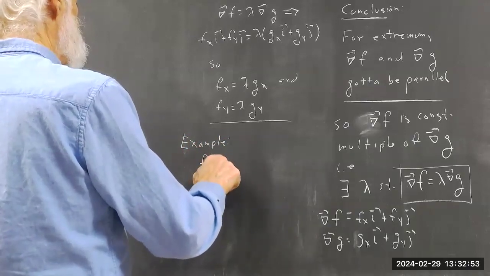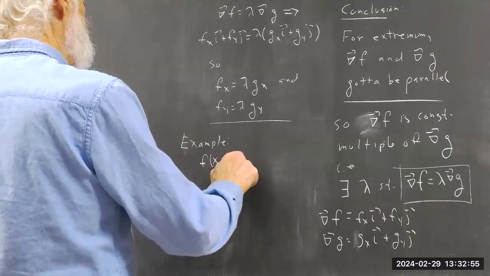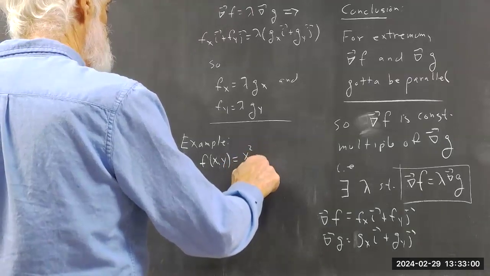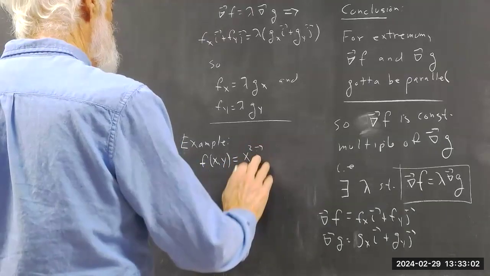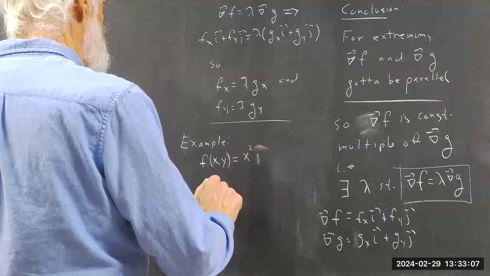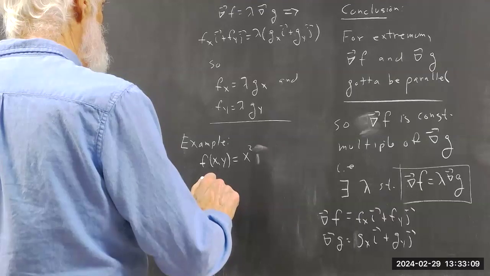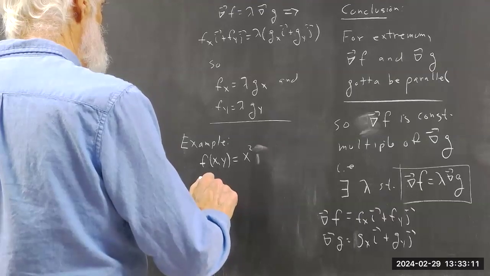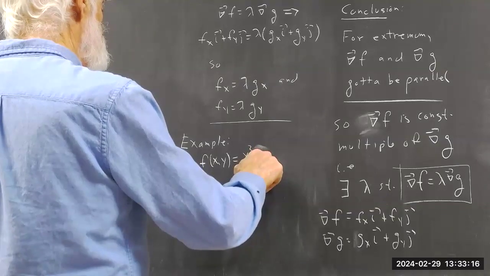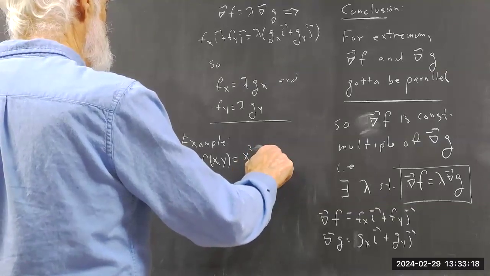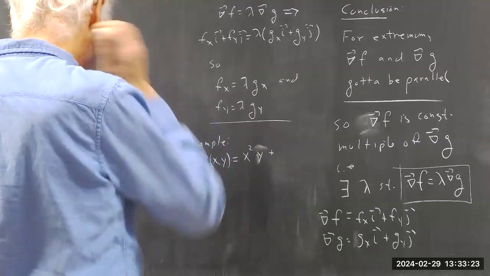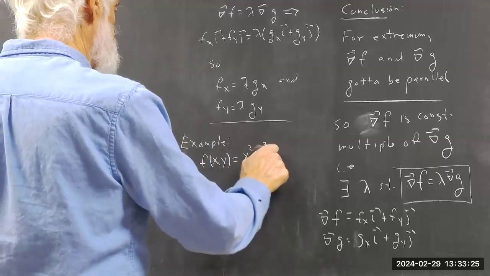For example, let's make it simple. Okay, f of x, y is x squared y cubed.